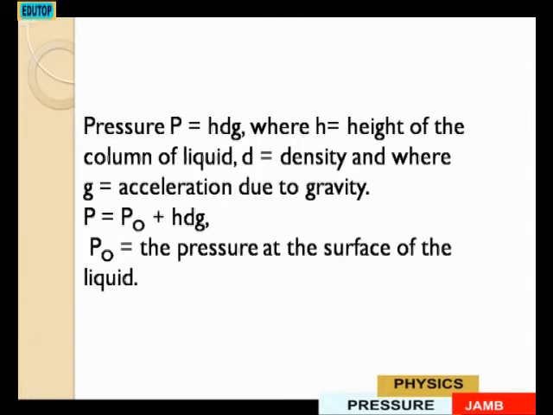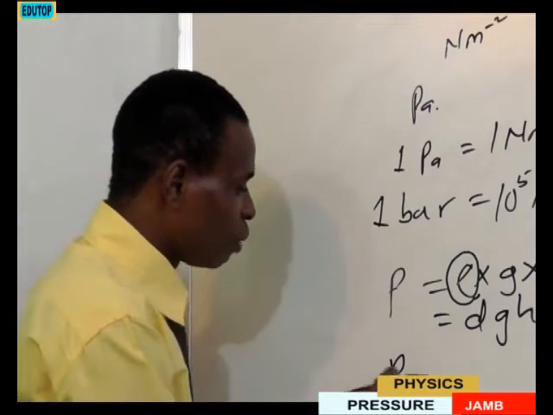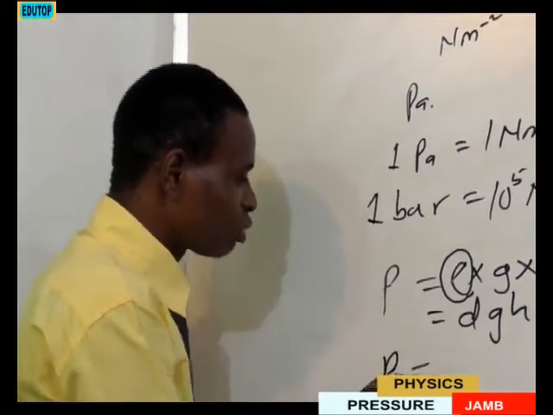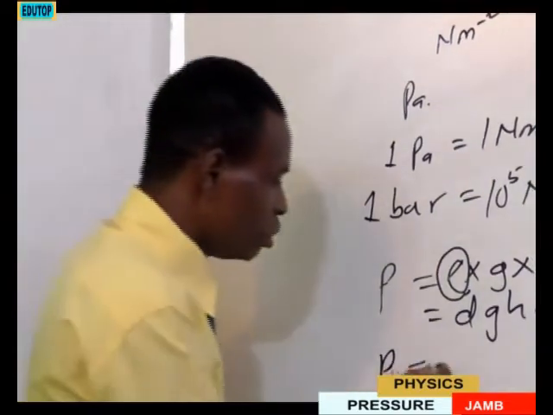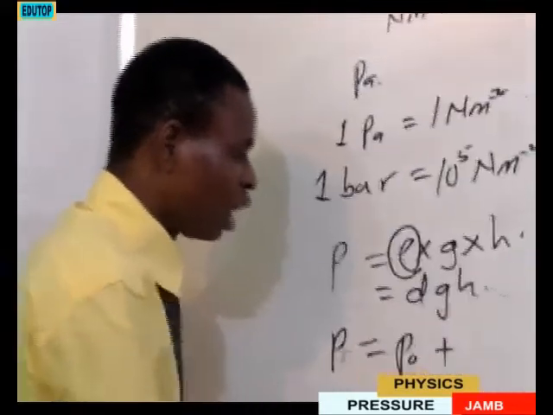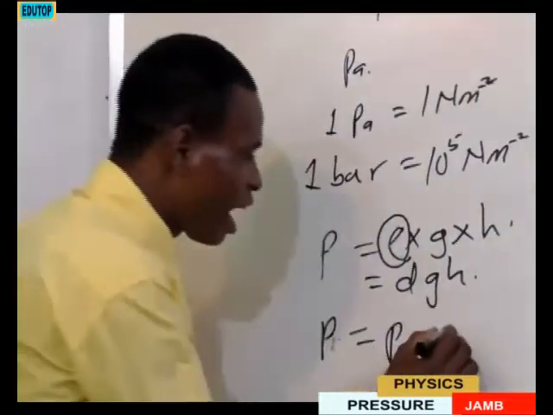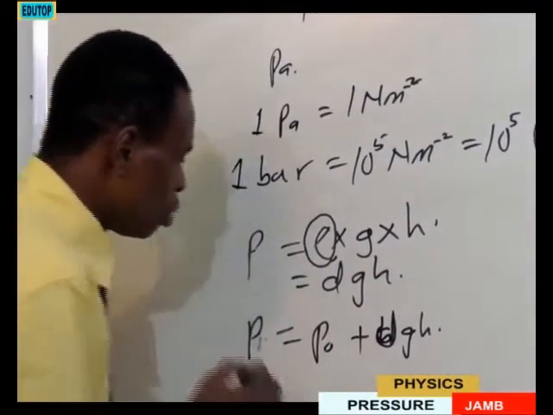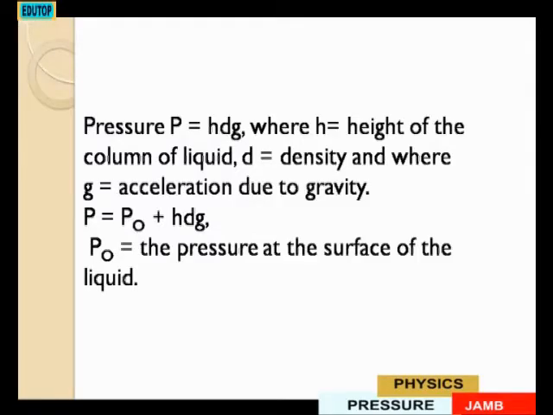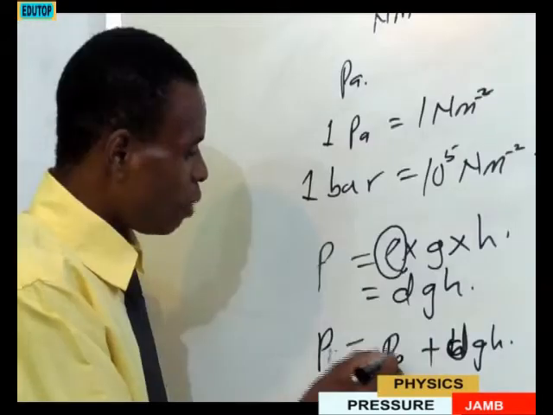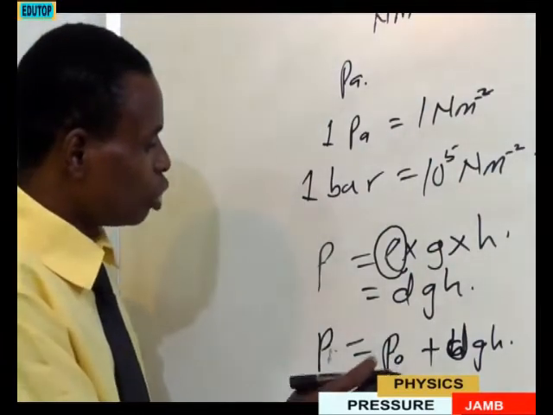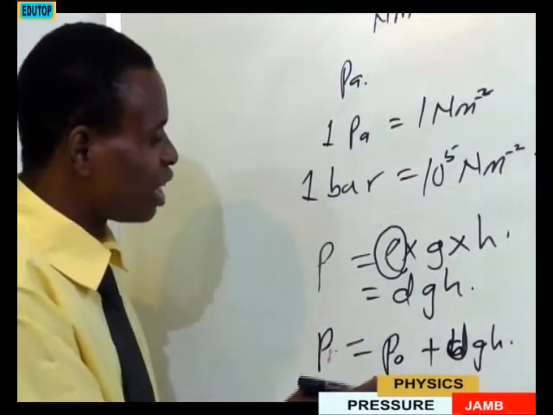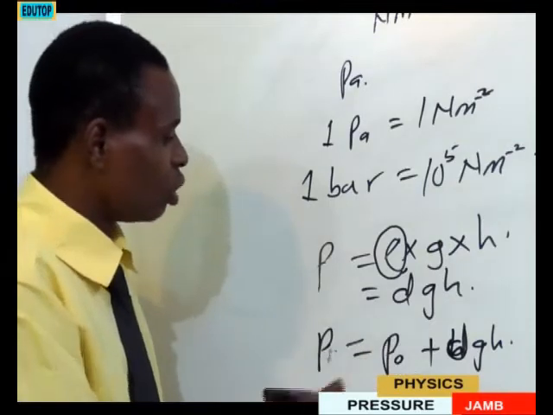We call it P naught, because sometimes we'll be looking for the pressure. It will be equal to P naught plus the normal pressure, where our P naught is referring to the pressure at the surface of the liquid.